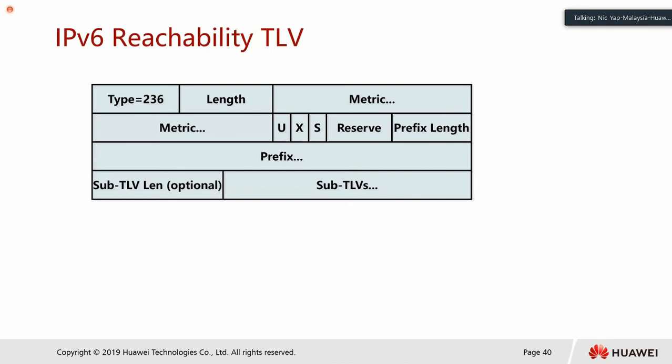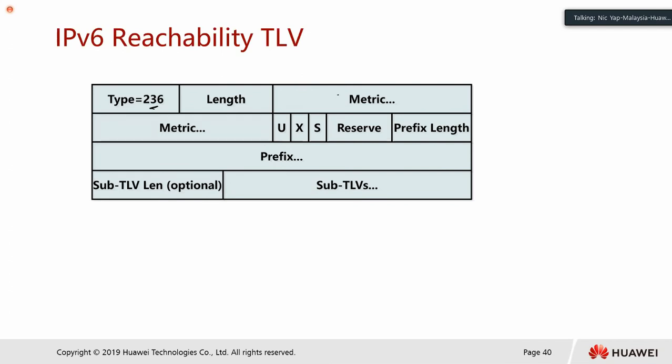So under the IPv6 reachabilities TLV, this is how it looks like. They have a type of 236, the metric, and the U-bit, X-bit, and S-bit. Then reserved, prefix length, prefix, sub-TLV length, and sub-TLV. So they have all this information to represent what information you are sending.